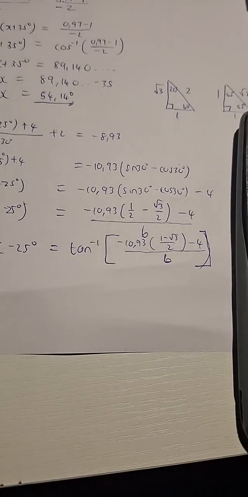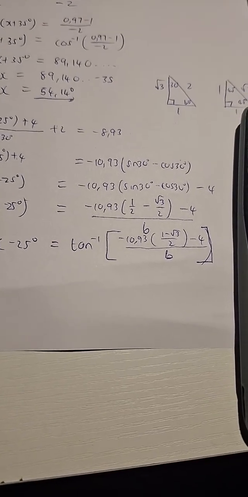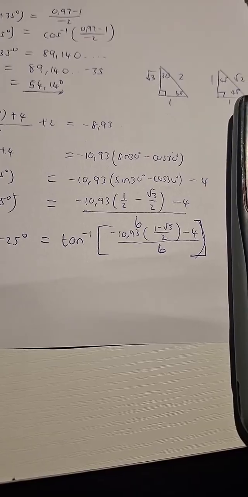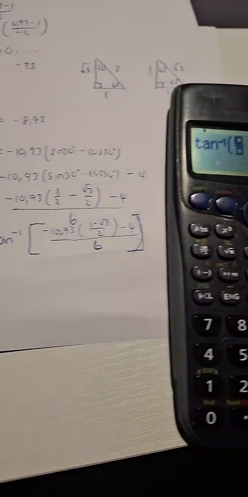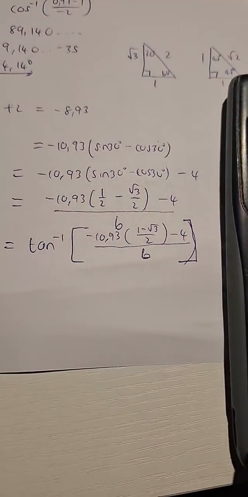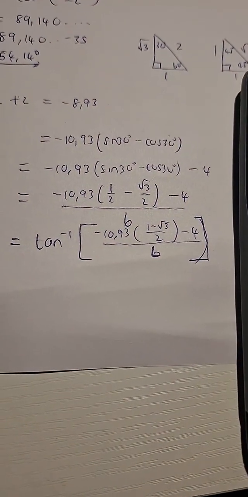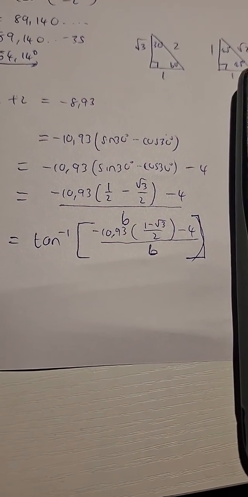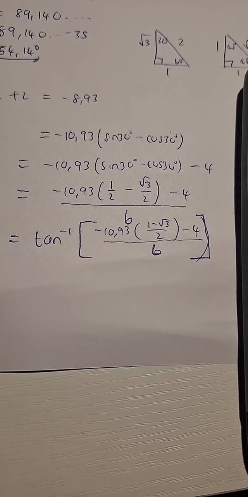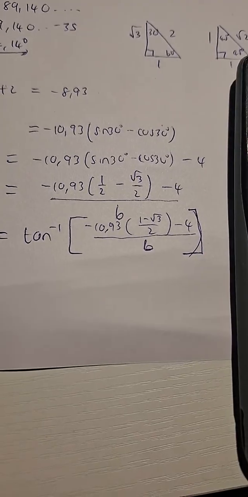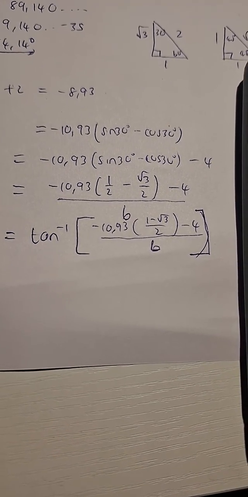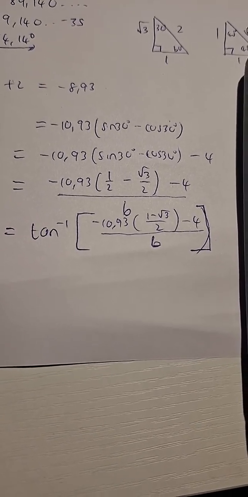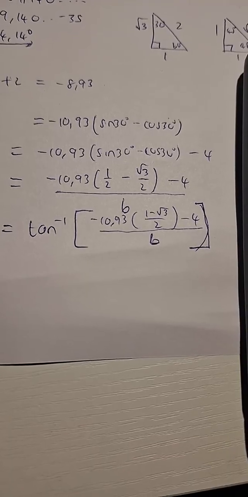I'm going to say shift, then I have my tan inverse there that is very much open, and I'm going to use my fraction approach. I'm going to say negative 10,93, put the brackets there, have my 1 minus the root 3 over the 2, sorry.